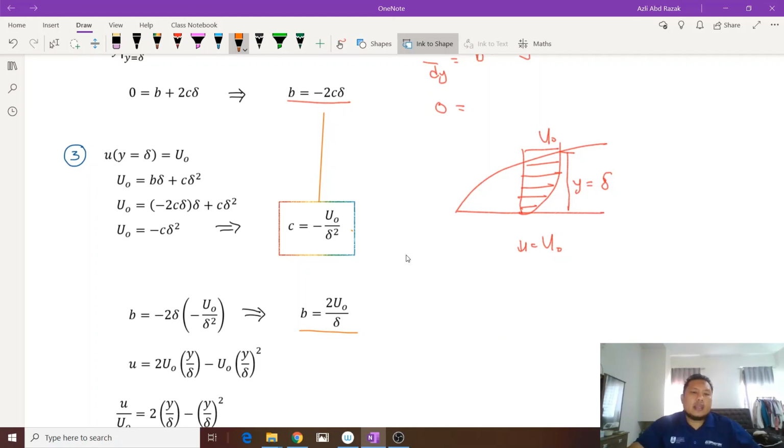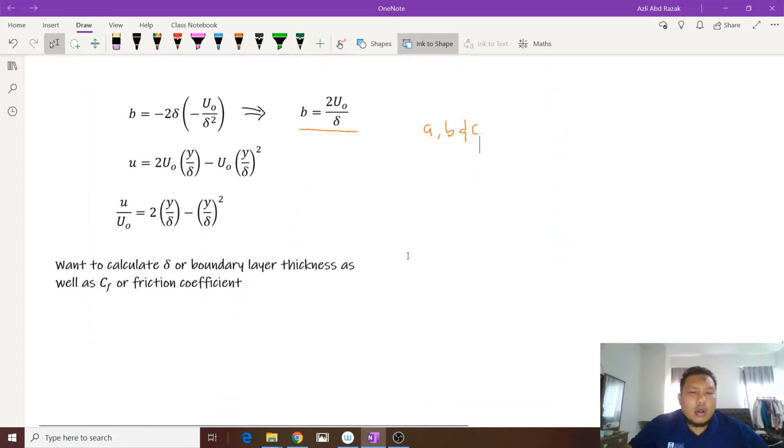Now we already have the values for a, b, and c. So what we're going to do now is substitute all these back into the original equation, u equal to a plus by plus cy squared.